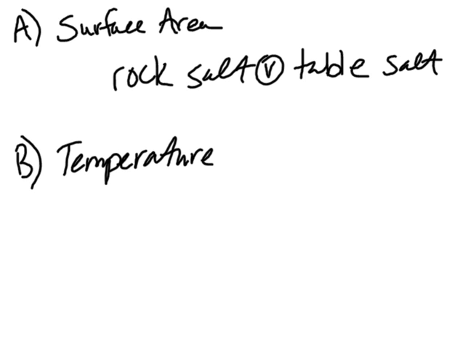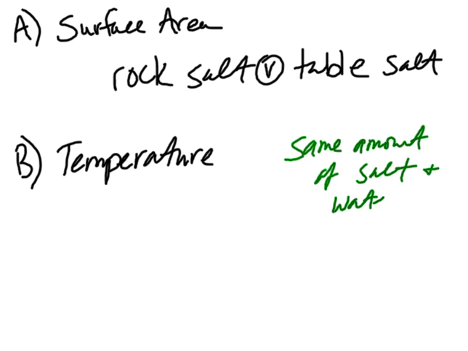So it's important that in both of these cases, the surface area and the temperature, you need to make sure you have the same amount of salt and the same amount of solvent, which is water. That's what you have the graduated cylinder for, to make sure that you have the same amount. And then of course with that surface area, rock salt versus table salt, you'll be timing to find out how long it takes for a certain mass to dissolve all the way.